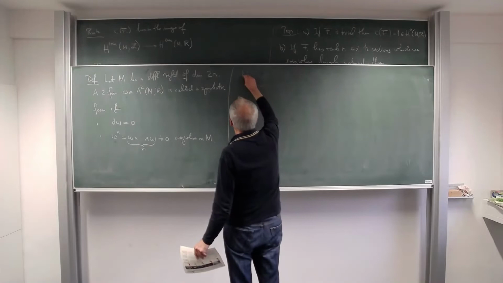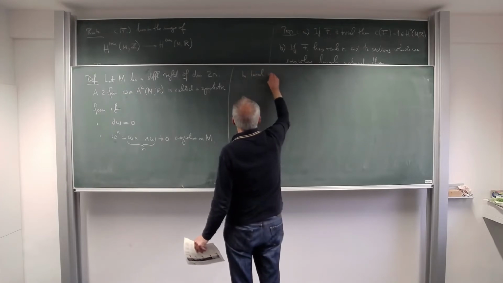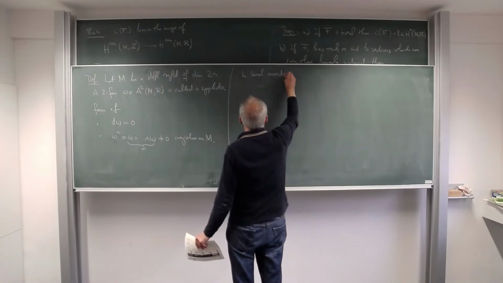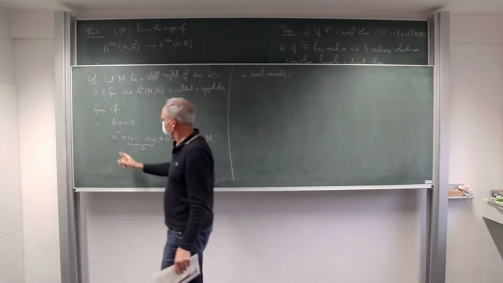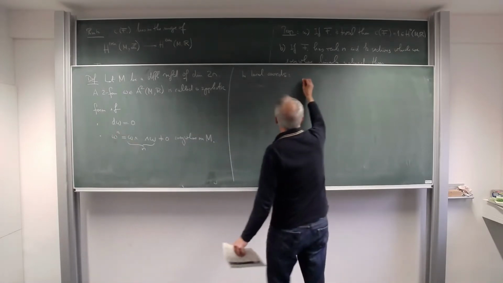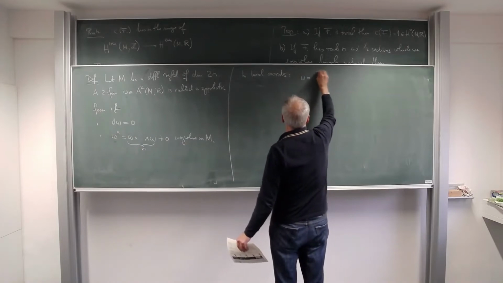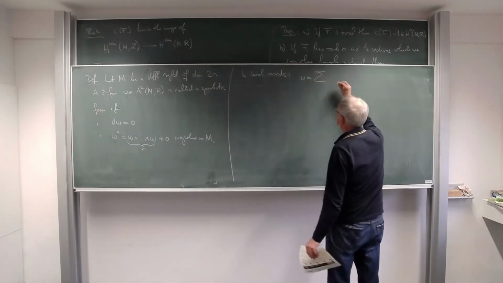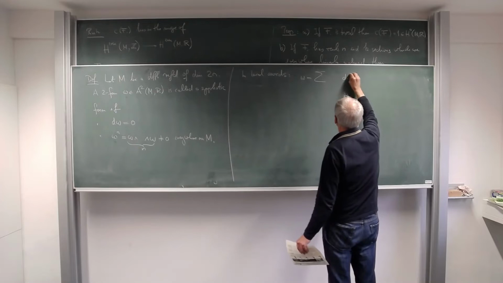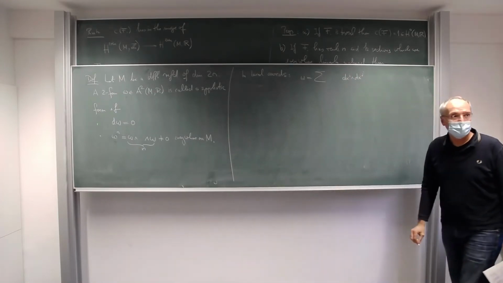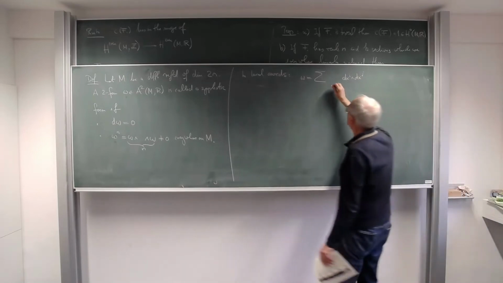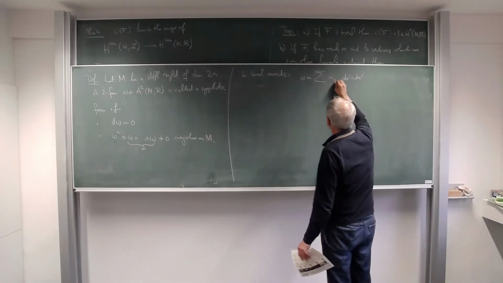In local coordinates, if we write our form omega as a sum, it's a 2-form, so it looks something like this, where x_i are our local coordinates, and it has some coefficient functions.